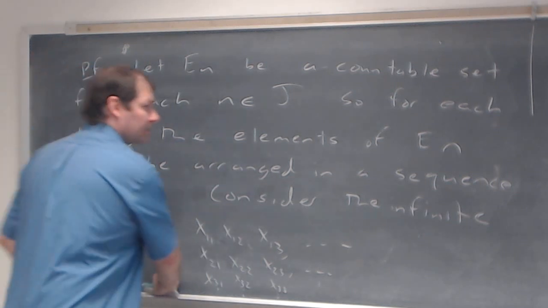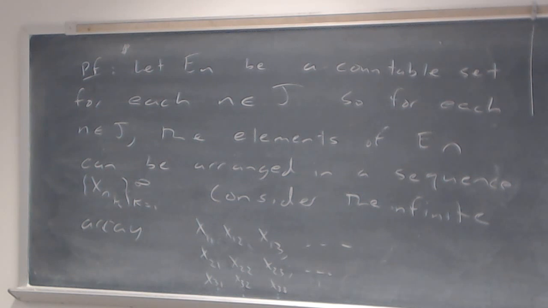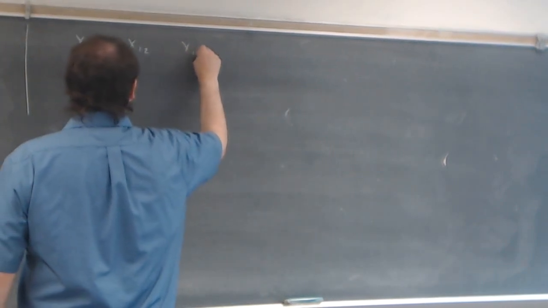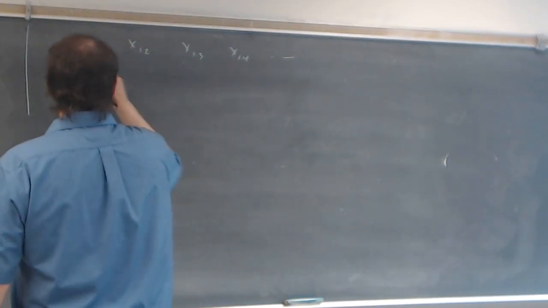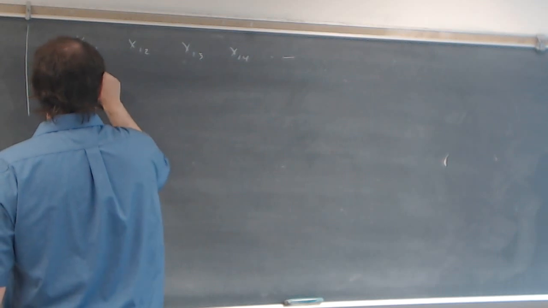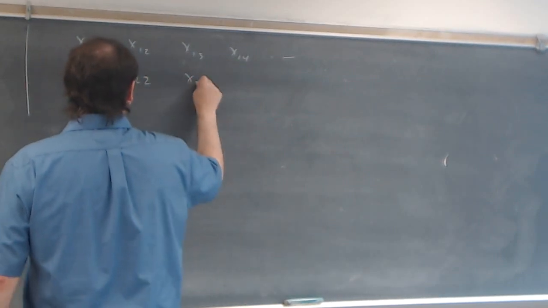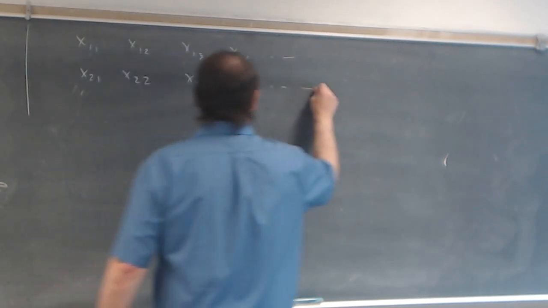Let me say a little more detail, and I'll rewrite this up here, grabbing a little more space. So we have x11, x12, x13, x14, which goes on forever, and that's E sub 1's elements. Then we have x21, x22, x23, x24, and it goes on forever.